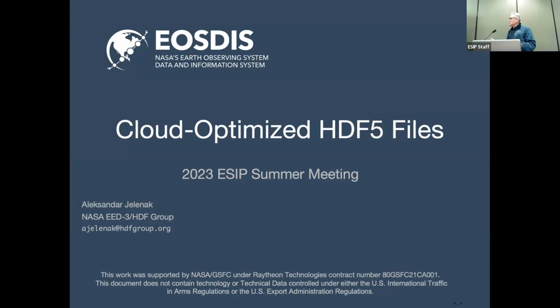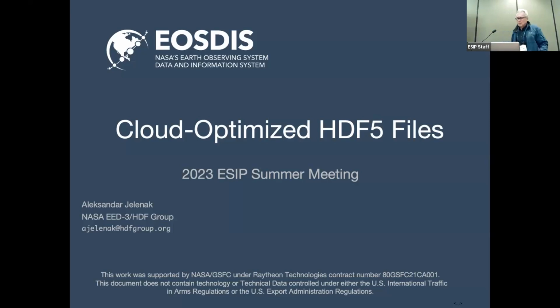I talked about this at the last ECIP summer meeting, and this is expanded in some ways from there. I tried to propagate this idea as much as possible, and I would really like you to help there, either by contacting me with your issues or information on how everything that I'm going to talk about on these slides worked or didn't work, or basically saying to your colleagues that it's possible to create cloud-optimized HDF5 files, because it is.